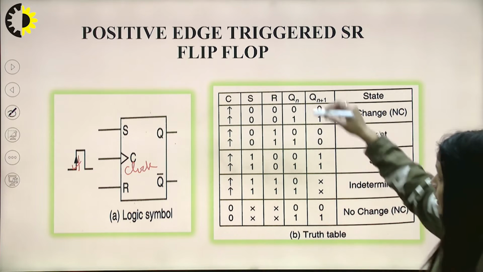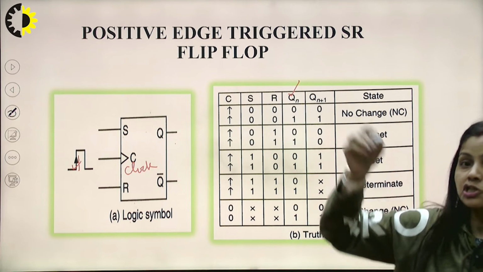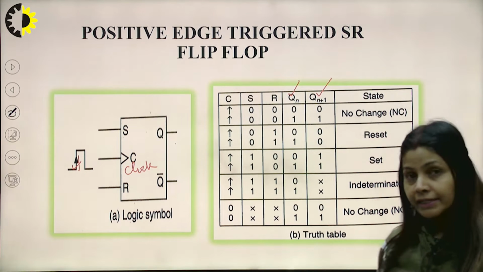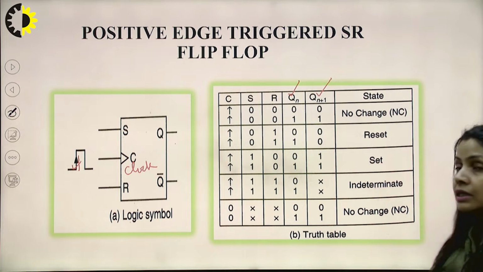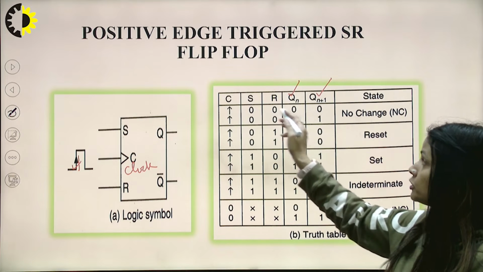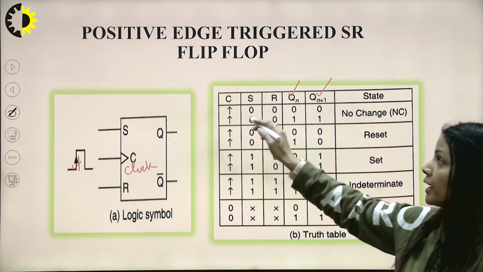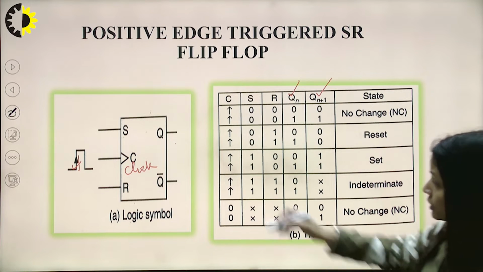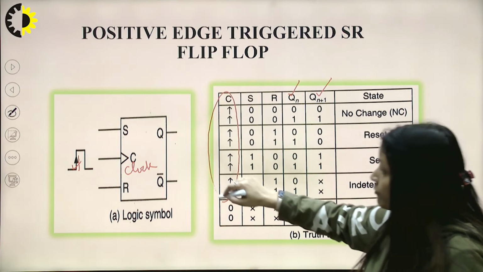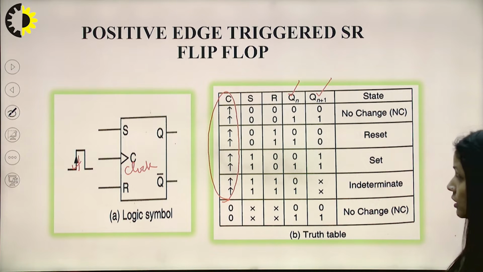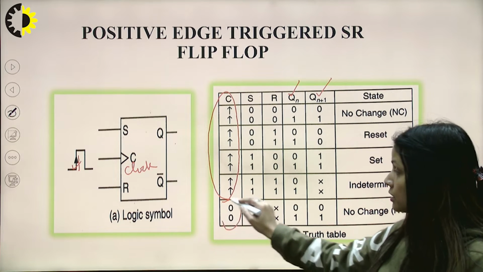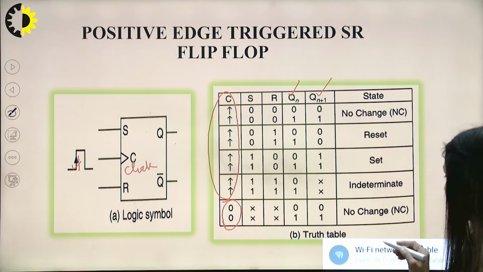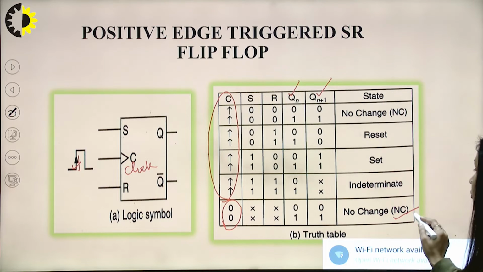Here again we are taking Qn as the initial output and Qn plus 1 as the next state output, after considering the feedback to the SR flip-flop. Whenever the clock is high, the SR flip-flop is functional. Whenever the clock is 0, the SR flip-flop is not functional, and it will remain in the same state, no change.